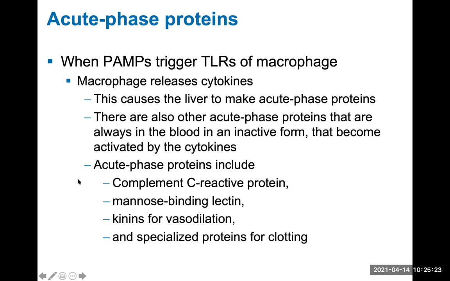So yes, it's a messenger to cause vasodilation, but it's doing that under this acute response, right? So it's an acute phase protein as well. And then there's other specialized proteins for clotting, right? Because if we have tissue damage, we need to take care of that right away. So there's all sorts of acute phase proteins in the body.